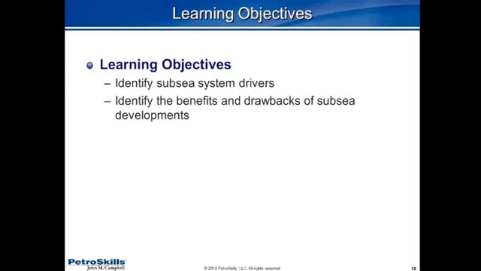Some of the drawbacks of subsea systems include the potential for flow assurance problems because of the long transportation distances between the subsea system and the host, and the need to avoid the formation of plugs in those transportation systems, the pipelines.